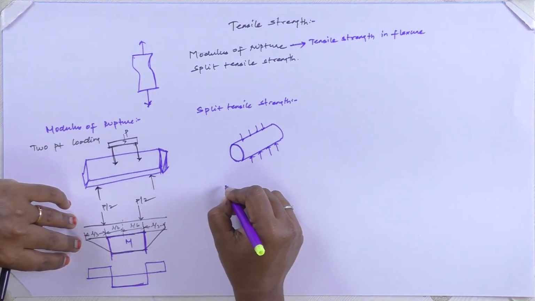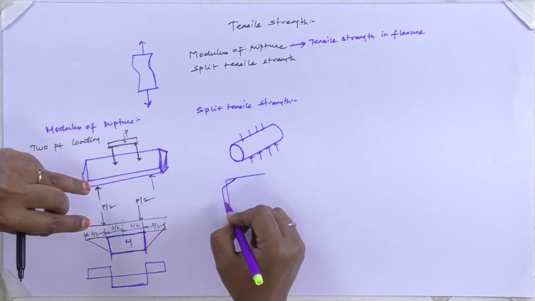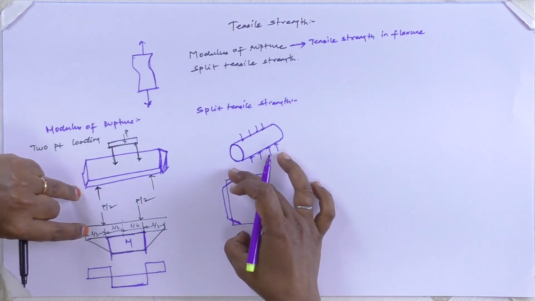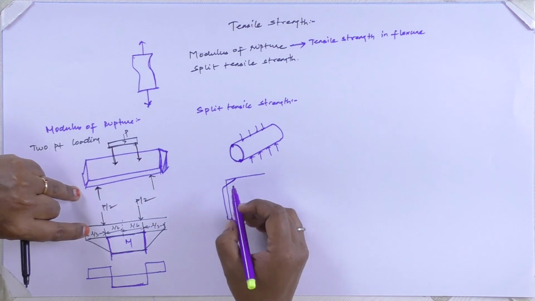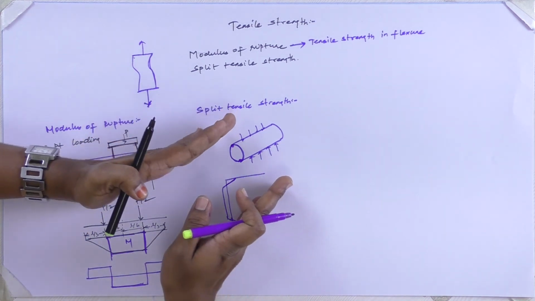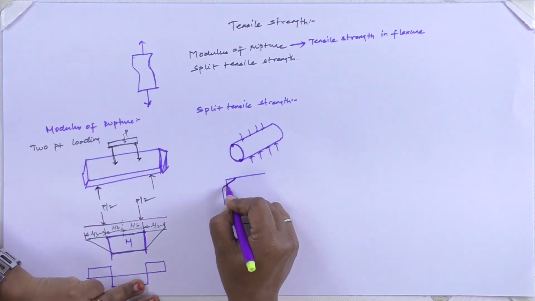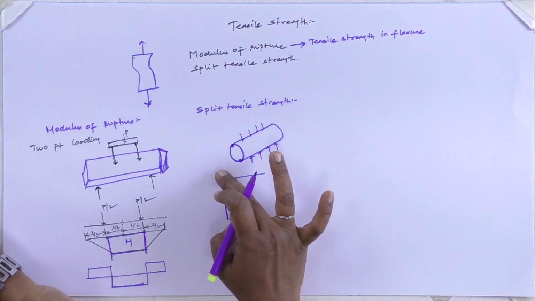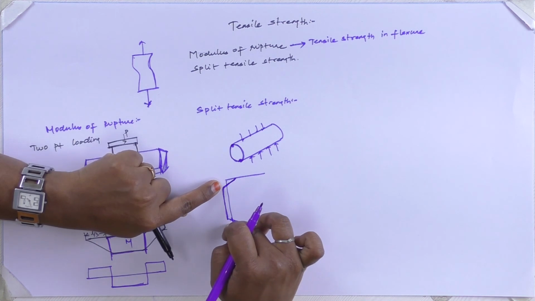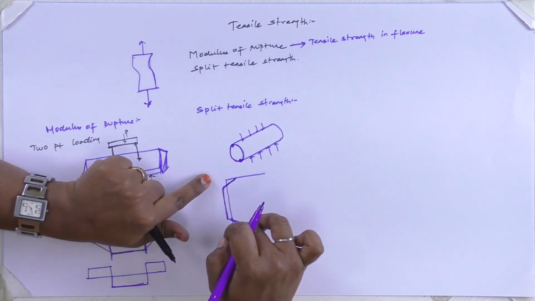The same applies here. Only a small portion, at the top and the bottom, is being subjected to compression force, whereas the remaining portion is being subjected to tension. So based on this, I can calculate the tensile strength of concrete.